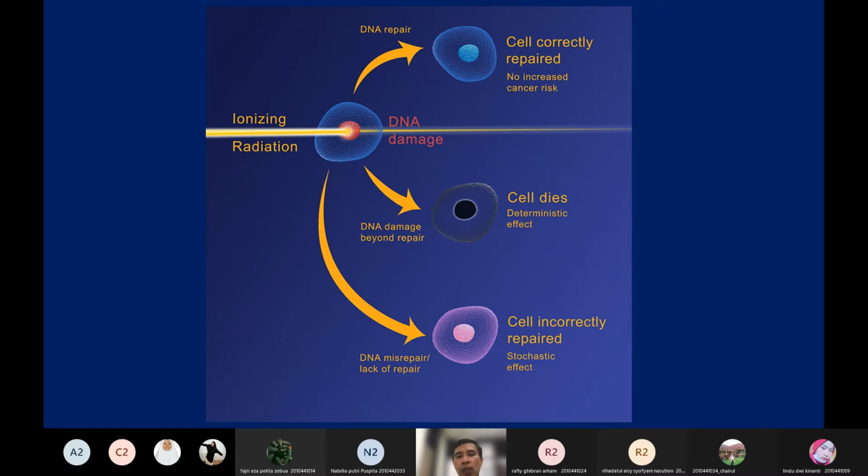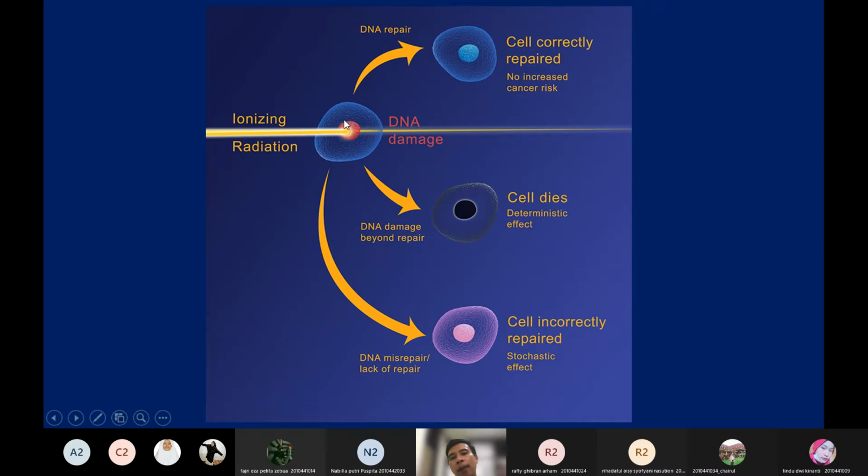However, jadi harus dipertimbangkan bahwa the common radiations like UV and other radiations could kill the cells. It is okay if a cell dies because it could be replaced by other new cells. But you see here, there are several possibilities when one cell is exposed to radiation.